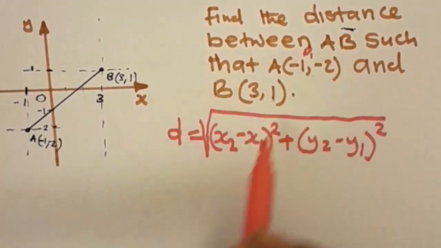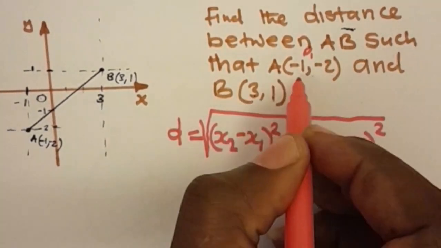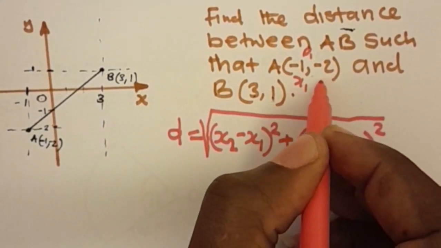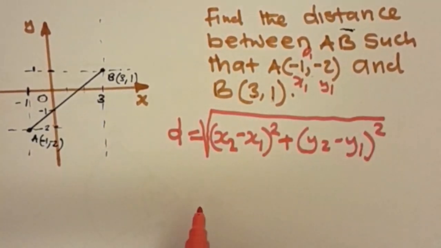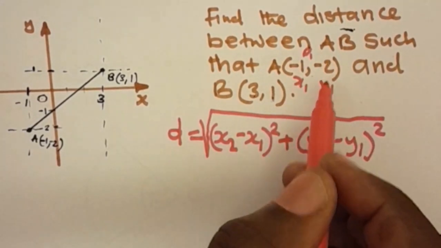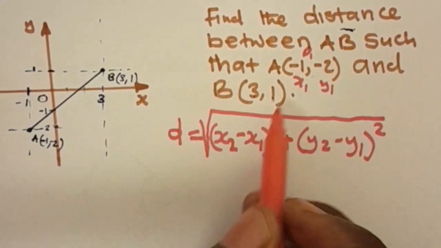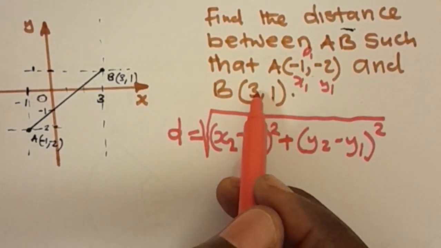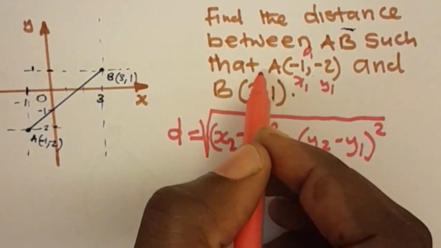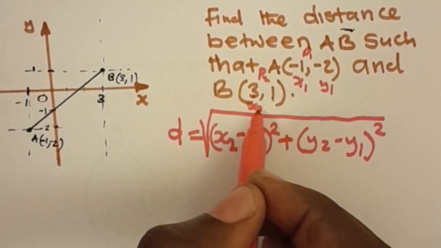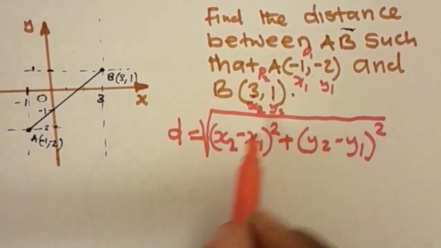So you can say this is point 1, meaning you are going to have x1 and y1 in point A, and this one will be point 2, meaning you're going to have x2 and y2.